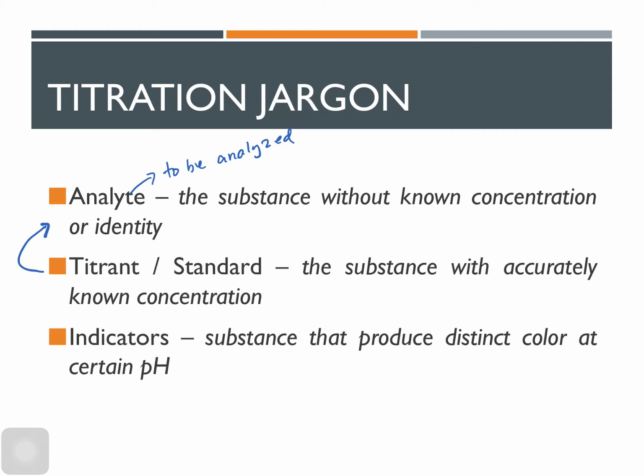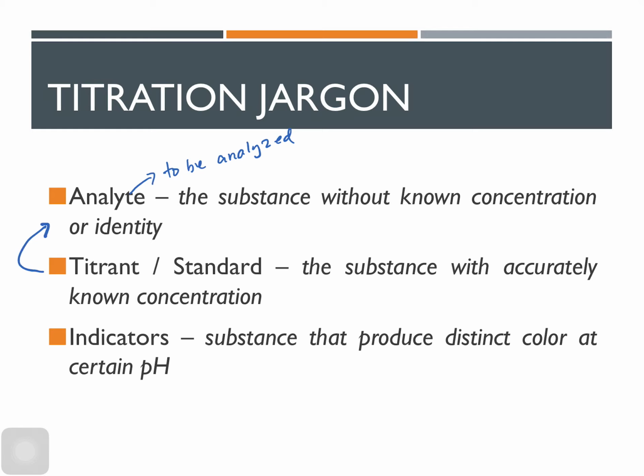whatsoever. Indicators are substances that produce colors at certain pH or certain conditions. This is usually helpful to identify if the acid-base reaction is complete. If you don't have a pH meter, you can use a chemical indicator anyway.